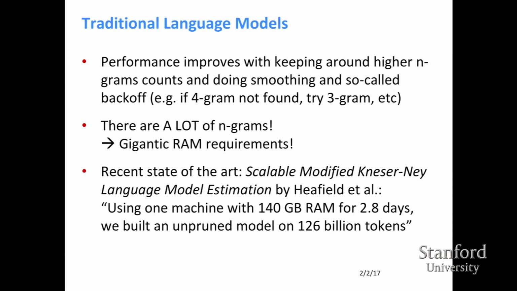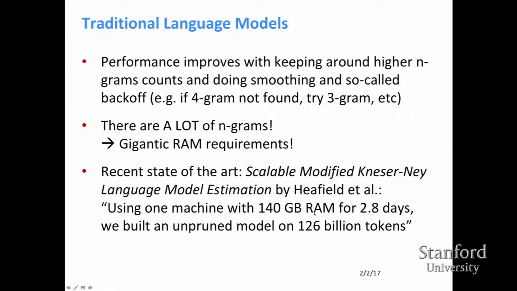All right, now, the problem with that is that the performance usually improves as we have more and more of these counts, but you also increase your RAM requirements. One of the best models of this traditional type actually required 140 gigs of RAM for just computing all these counts when they wanted to compute them for a 126 billion token corpus.